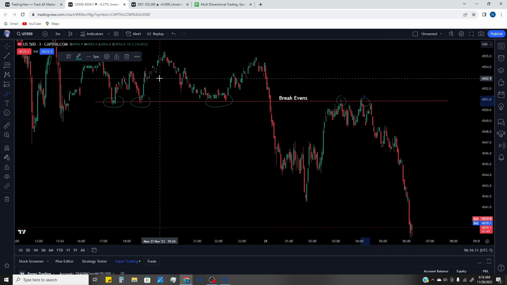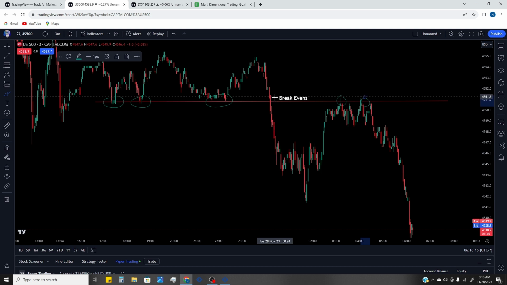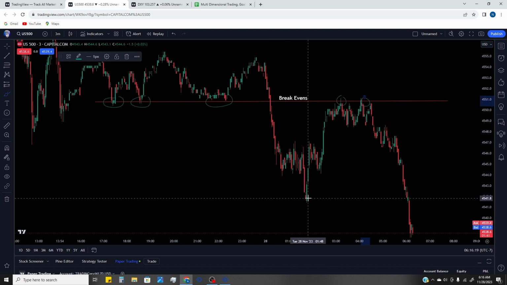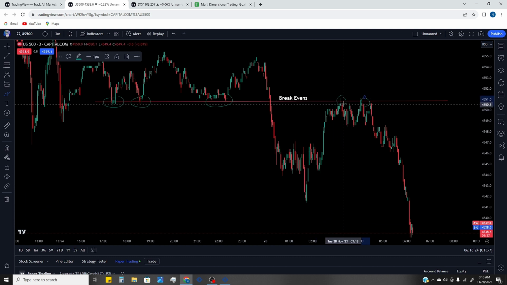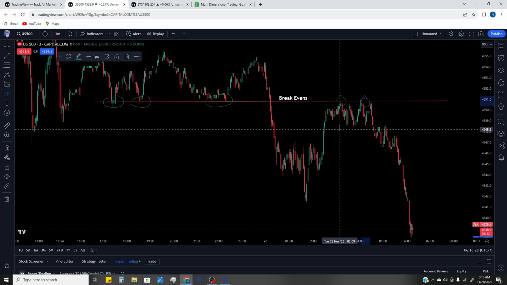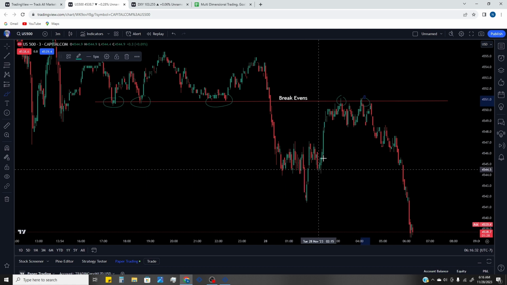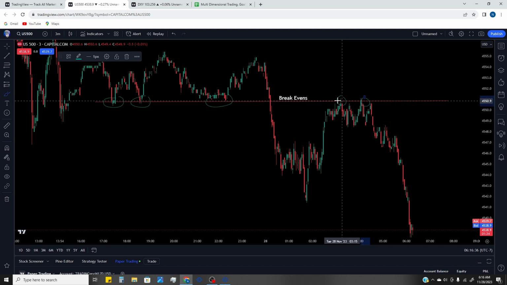Even if you were a smart, savvy trader and you DCA'd down here somewhere on the dip, by the time it got back to your original position, you still would get out. You would close the trade that you got in on the dip into these break evens, and then you would close that previous trade all at the same time.